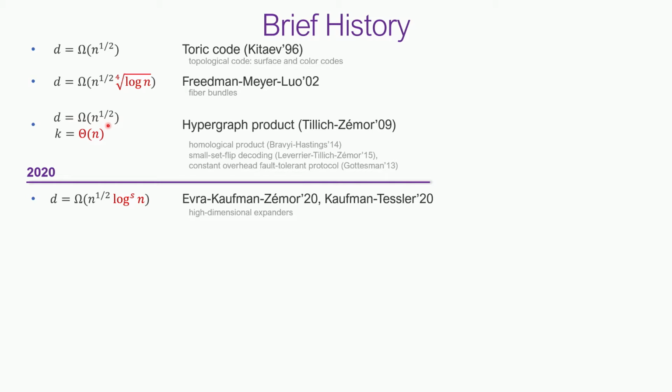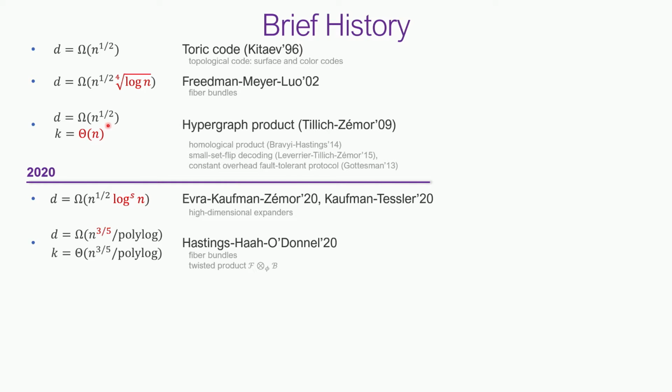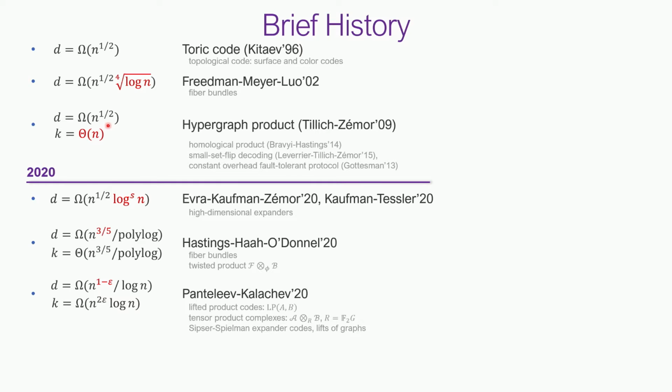I don't know, maybe we should blame COVID for this, but several groups of people proposed some very new ideas and constructions, and by the end of 2020, we already had new codes that have almost linear minimum distance.